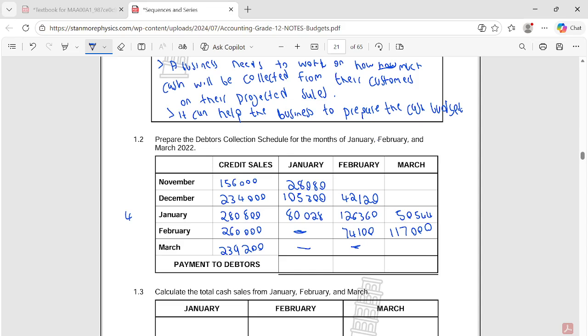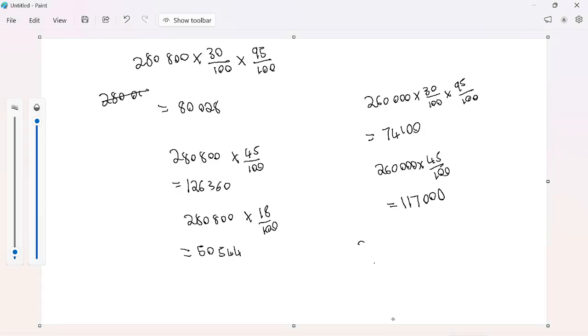So the percentage here is going to be 30%, taking discount into account because it's the month of sale. So the March amount is 239,200. So 239,200 multiplied by 30% multiplied by 95 over 100. I'm taking discount into account.